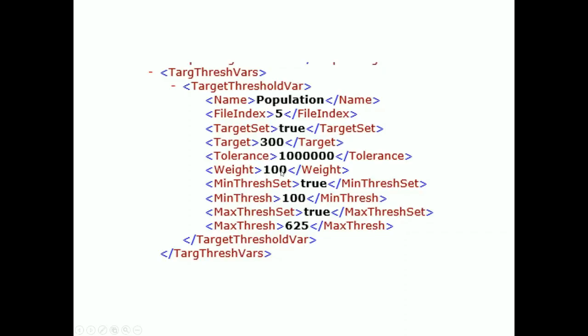Now, weighting in here is an interesting scenario because there isn't any absolute way of giving the weighting which allows you to take something like compactness of shape and express it in the same units as target population. So the way that we work is that you can put a numeric weight in for any constraint you're using, and if those weights are the same, if we gave this a weight of 100 and some other constraint a weight of 100, they'll be given equal weighting as AZTool runs.